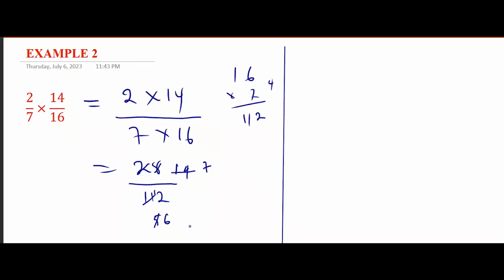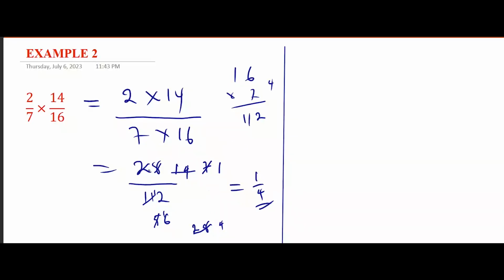Then 2 goes in 5 2 times, remainder 1. Then you put 1 here, that makes 16. Then 2 goes in 16 8 times. So 7 can go. Okay, as 7 times 4 gives 28. So 7 goes in 7 once, 7 goes in 28 4 times. Okay, so that means our answer will be 1 out of 4.